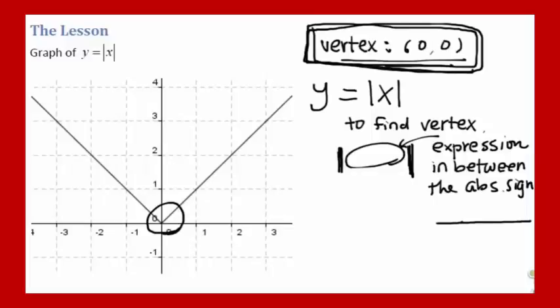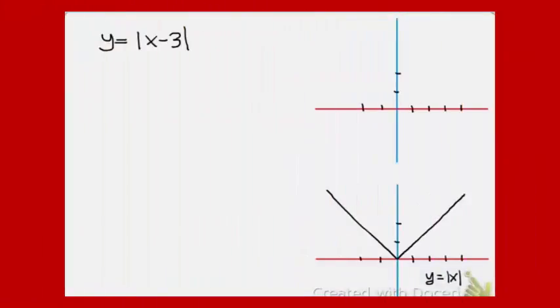The expression between the absolute value signs is at its lowest point, 0. For instance, y equals the absolute value of x minus 3. Since we're dealing with an absolute value equation, the plot is going to look like a V.